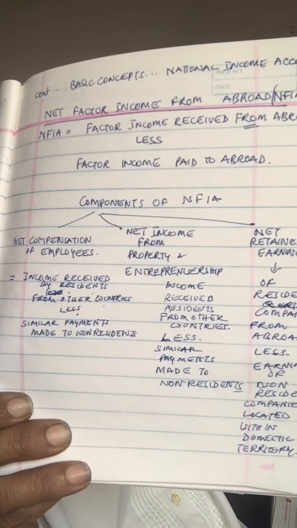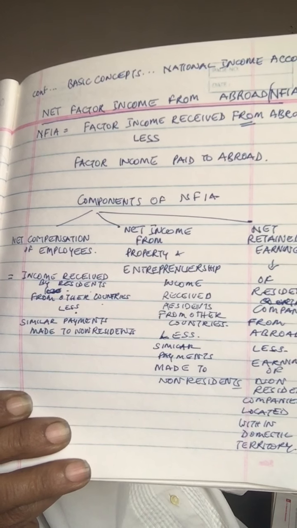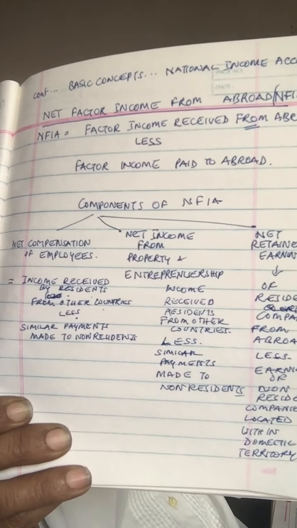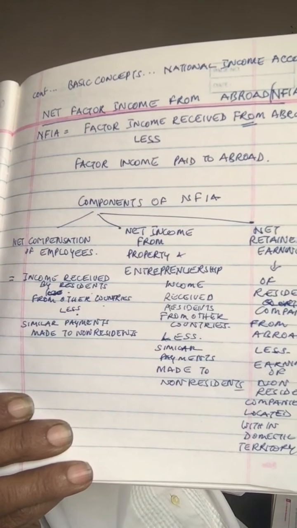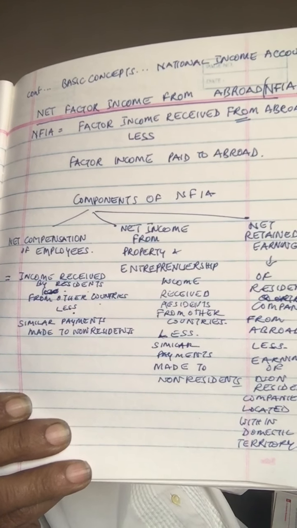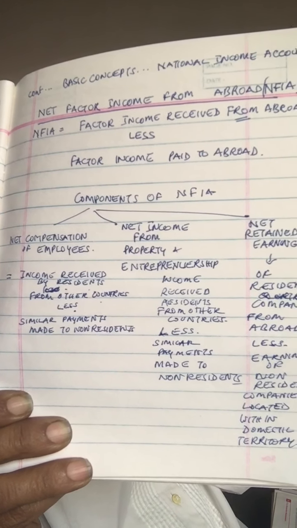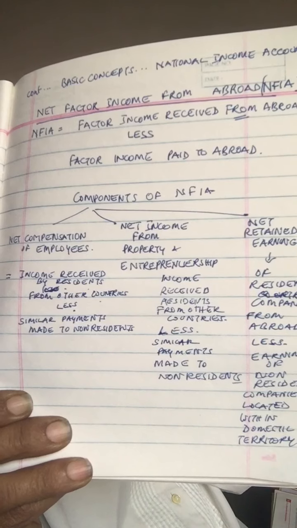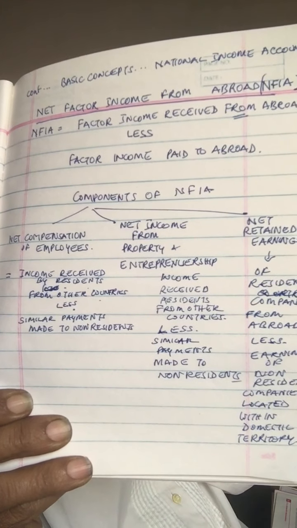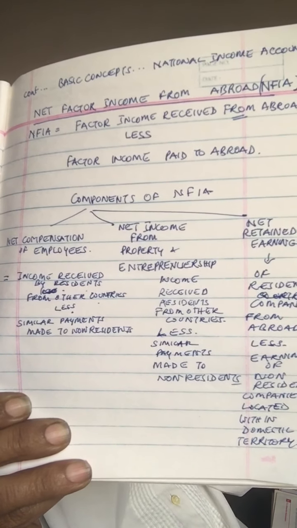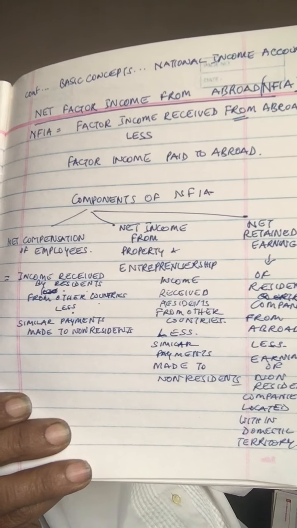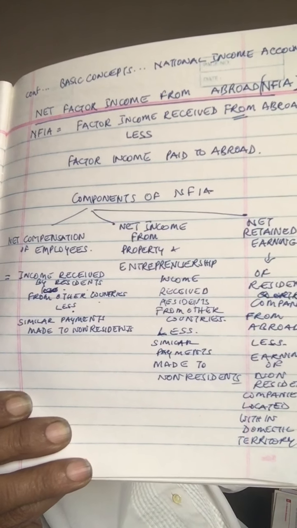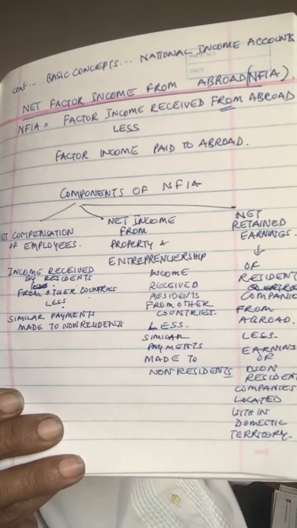When you're talking about net compensation of employees, you're talking about wages and salaries. When you're talking about net income from property and entrepreneurship, you're talking about a part of rent, royalty, and also profits, and net retained earnings is also a part of profit.